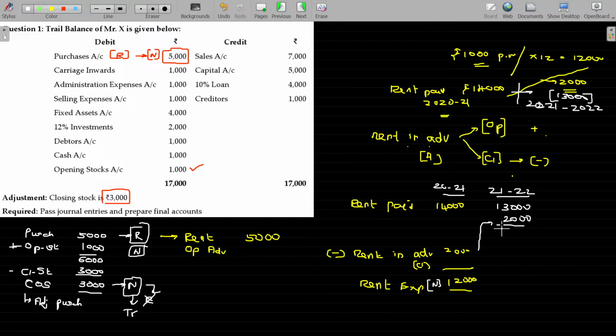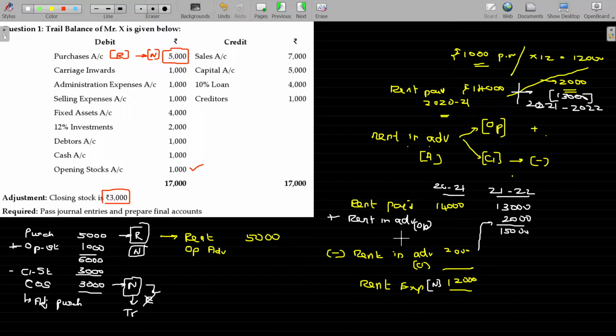As per this, you have to pay only 10,000 rupees, but you paid 15,000 rupees. Add rent in advance, the opening rent in advance. So when it comes to 21-22, you paid 13,000 rupees.